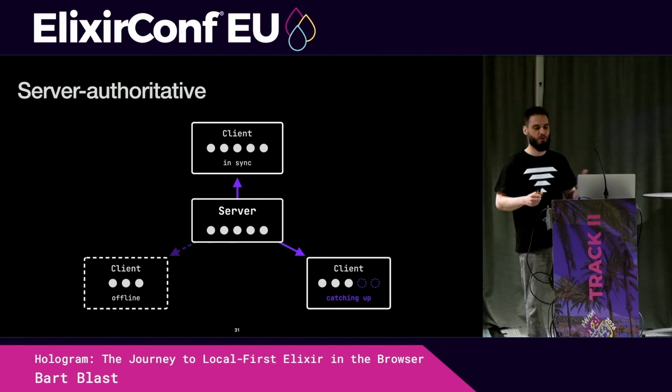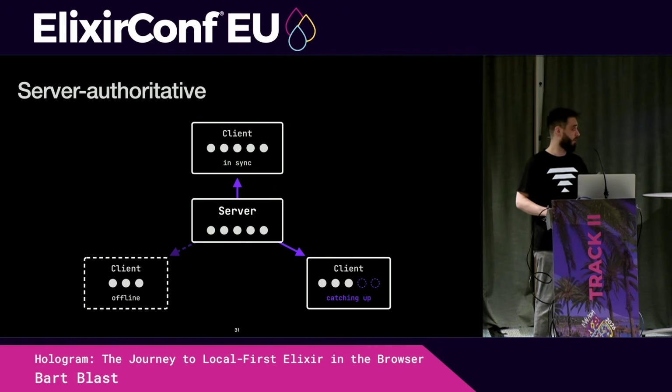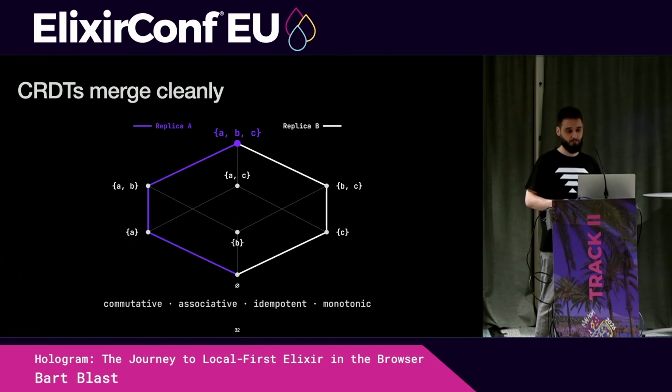Replicache and InstantDB live here. The peer-to-peer camp says every client is equal, no central authority. Conflicts are resolved by data structures called CRDTs, data types that are designed to merge cleanly no matter how they are edited. Automerge, Yjs, and JS live here.